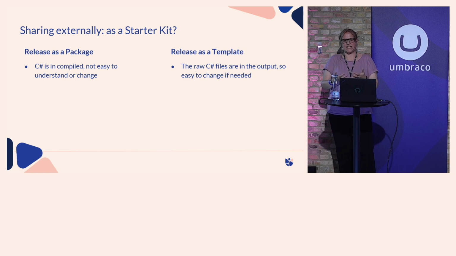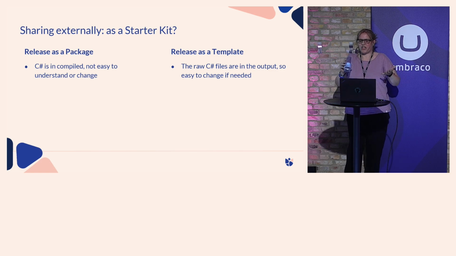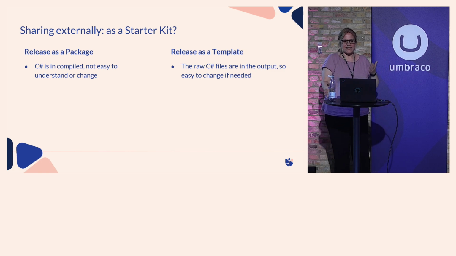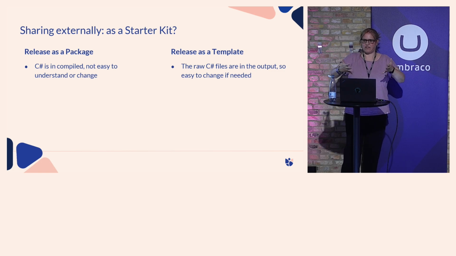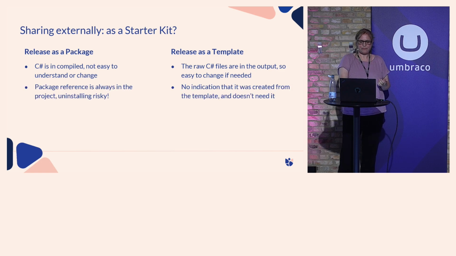It's not very easy for whoever's using the code to see what's there. If you built view models, they won't be able to see those. They won't be able to change them. Whereas if you release it as a template, you're giving them the raw C#, so they can go and change it as they need to.